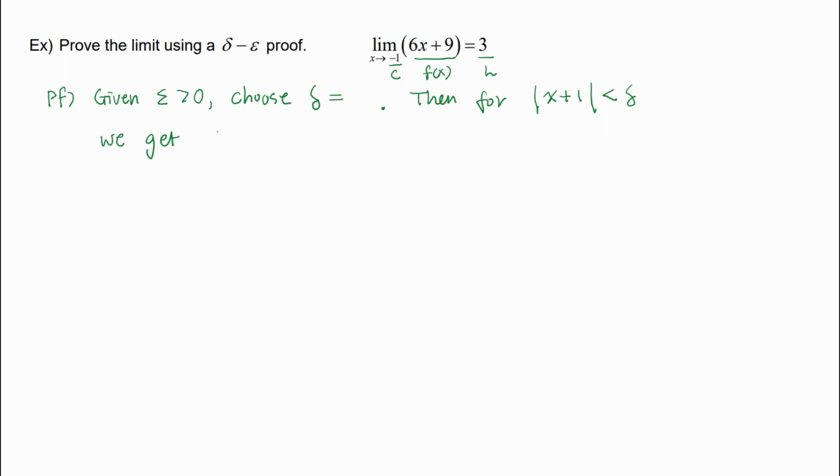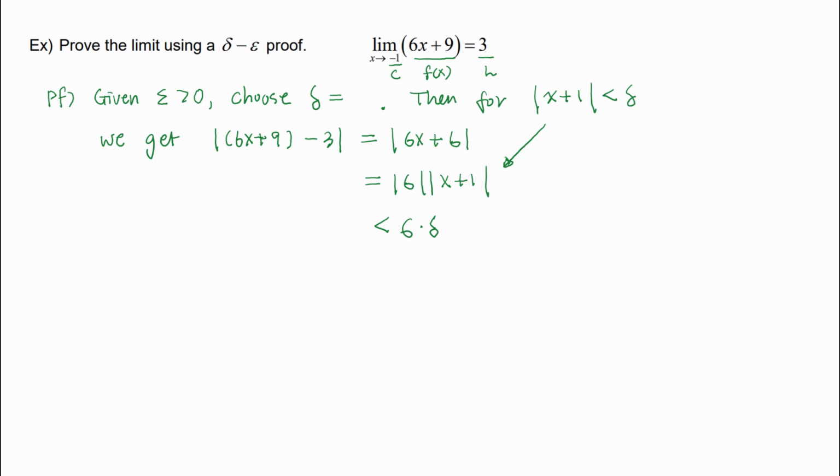We get absolute value of f of x, which is 6x plus 9, minus L. L is 3, which is equal to absolute value of 6x plus 9 minus 3, which is plus 6. Then we can factor out 6 and have absolute value of 6 times absolute value of x plus 1. Look at that. That's exactly what I needed. This will be less than 6 times, absolute value of x plus 1 was less than delta.